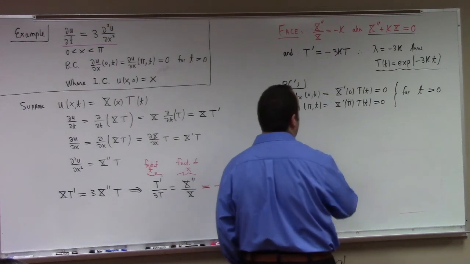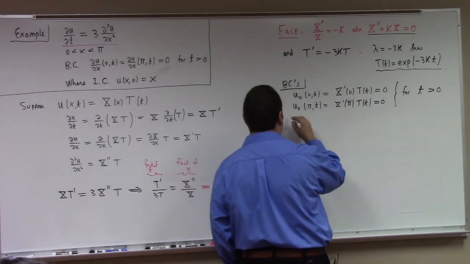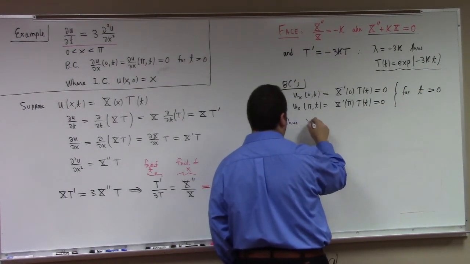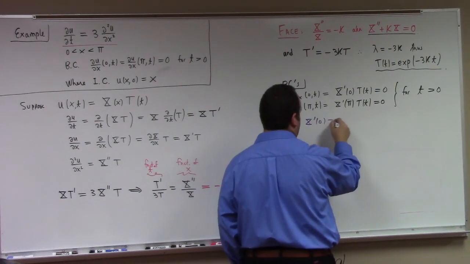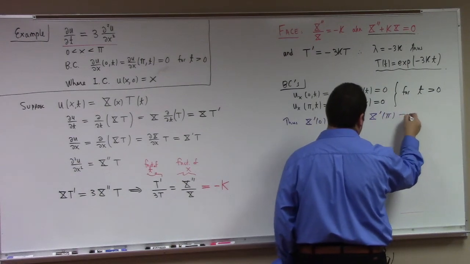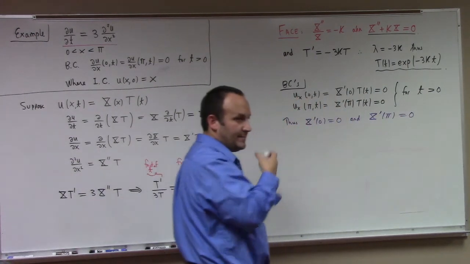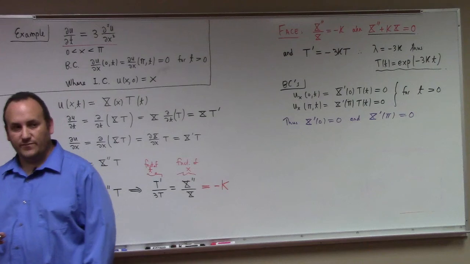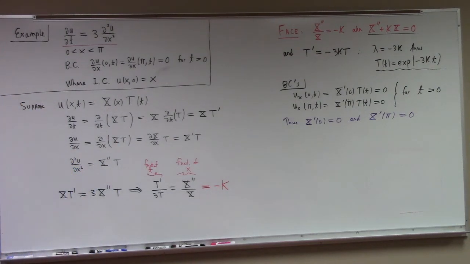Let's see here. Oh, okay, so what I'm getting to here is X prime of 0 is equal to 0, and X prime of pi is equal to 0. Hey, this brings us back to problem 2, which is very much like problem 1 that I worked out.